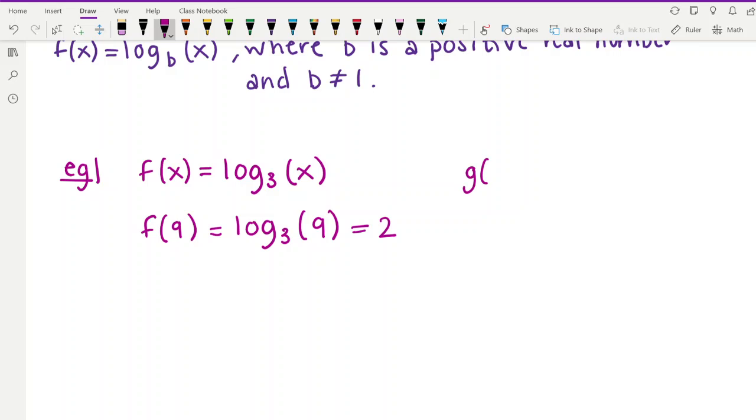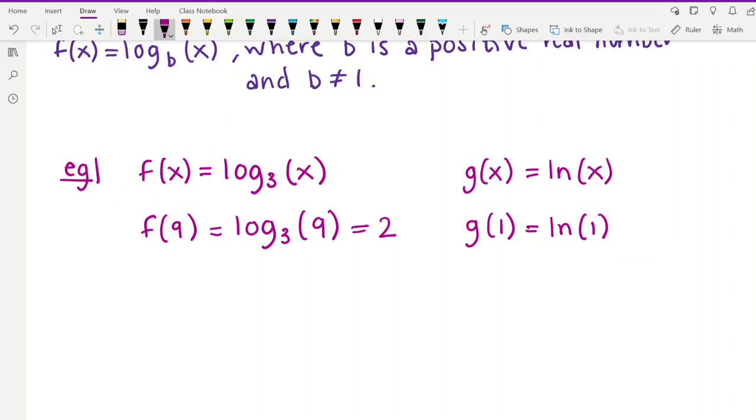Another example of a logarithmic function would be ln of x, right? So we learned in our last video that ln is a special logarithm where e is the base. So when we write ln, it's just shorthand for saying log with a base of e. So similarly here, let's say we wanted to evaluate g of 1. So g of 1 would be taking ln of 1.